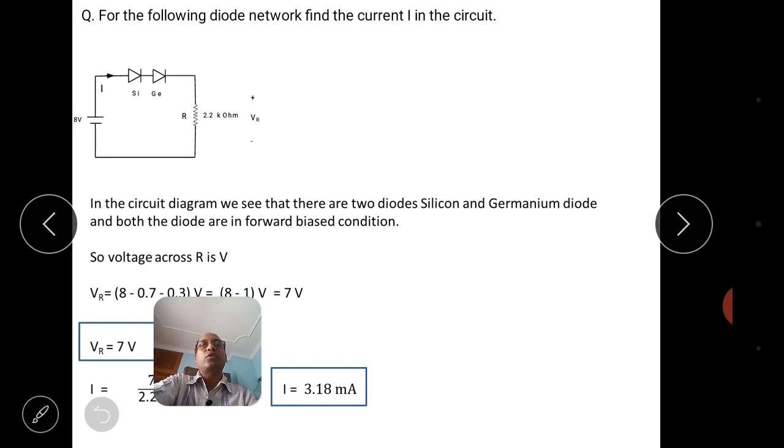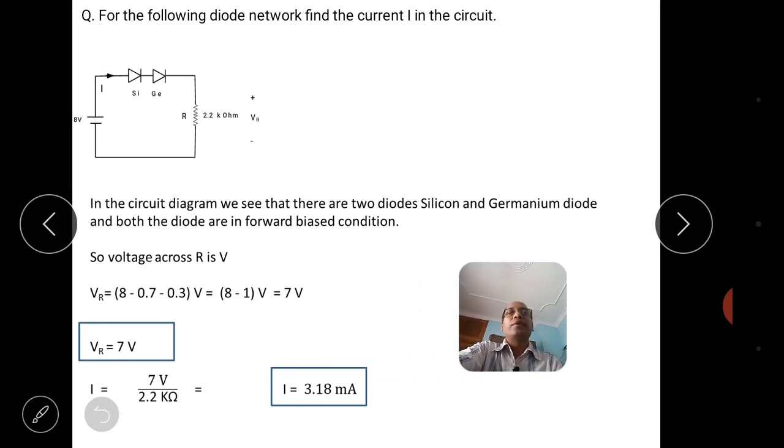So the voltage drop across resistance R is 8 minus 0.7 minus 0.3, that is 8 minus 1 volt, that is 7 volt. It means the supply voltage is 8 volt, 0.7 volt will be taken by silicon and 0.3 volt will be taken by the germanium diode, and the rest of the voltage will be available across the resistance R.